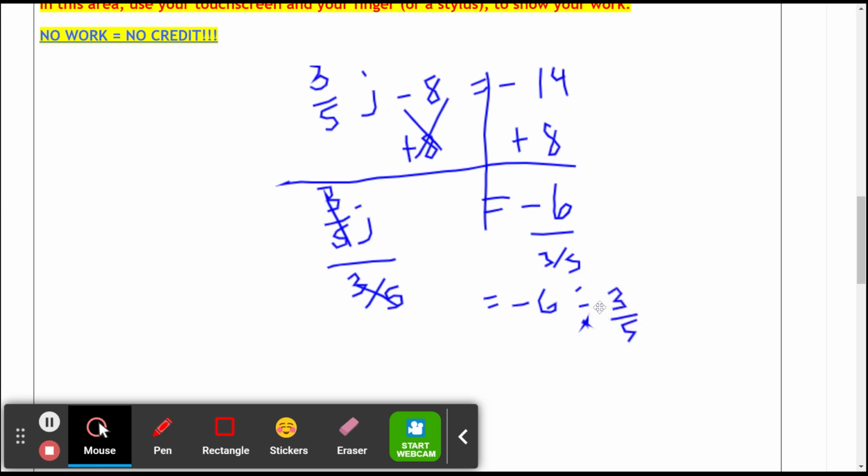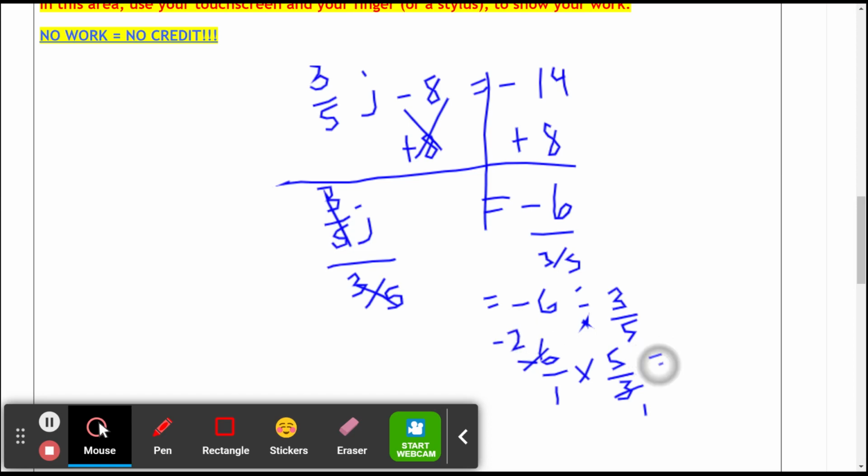And if you divide by 3/5, that's the same thing as multiplying by 5/3. And negative 6 is the same thing as negative 6 over 1. I can cross cancel here. I can divide these both by 3, and this is 1, and this is negative 2.